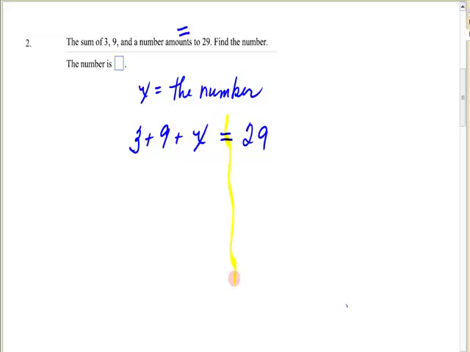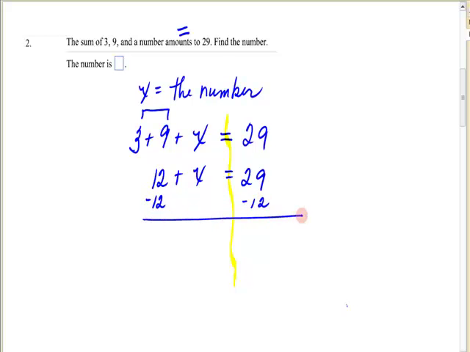Now I'm going to solve this. Can I simplify on the left? Yes. These are like terms. I'll replace that with 12. 12 plus x is 29. There was no simplifying on the right side. Do I have x's on both sides? No. Let's focus on the left side. 12 is a constant. I'll do the opposite, which is subtract 12 from both sides.